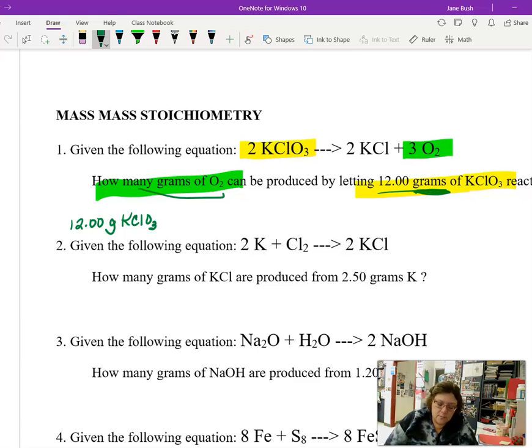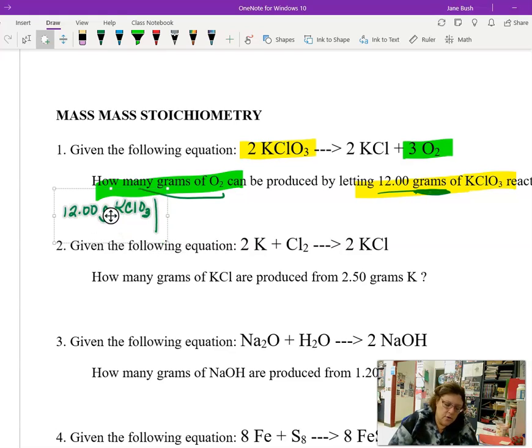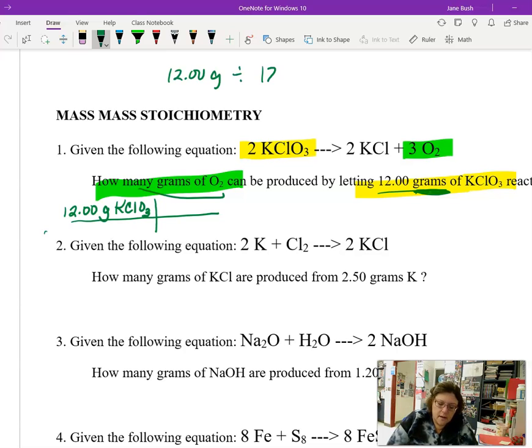To change grams to moles, I'm going to use the rail fence here, but again, if the rail fence bothers you, you are welcome to just write 12 grams divided by the molar mass. And the molar mass of potassium chlorate is 122.55 grams in 1 mole. All right? So, we do that math.